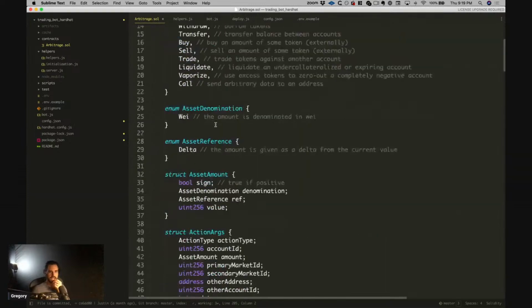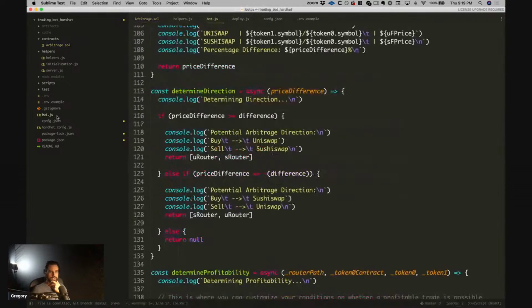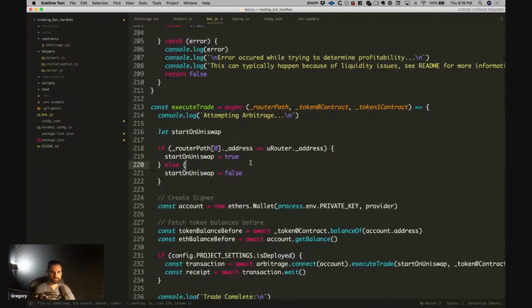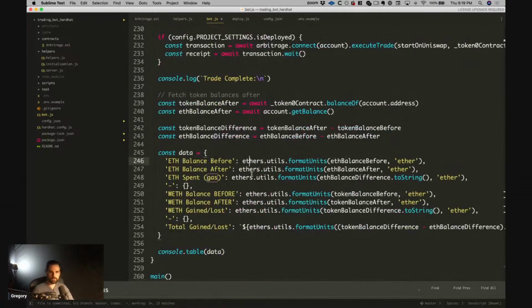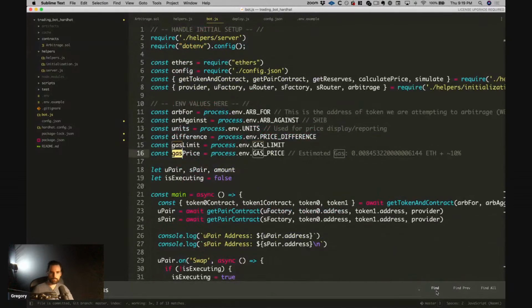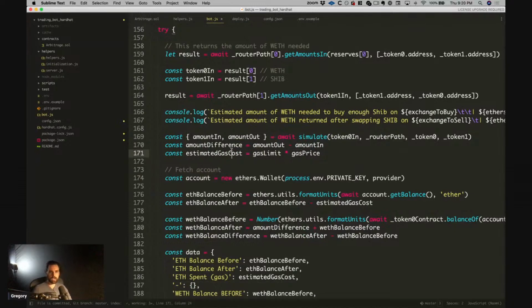Basically, when we do the gas inside of bot.js, right here, we're basically doing the gas calculation. Estimated gas cost. We're just calculating the gas limit times the gas price for the setting that's passed into our .env.